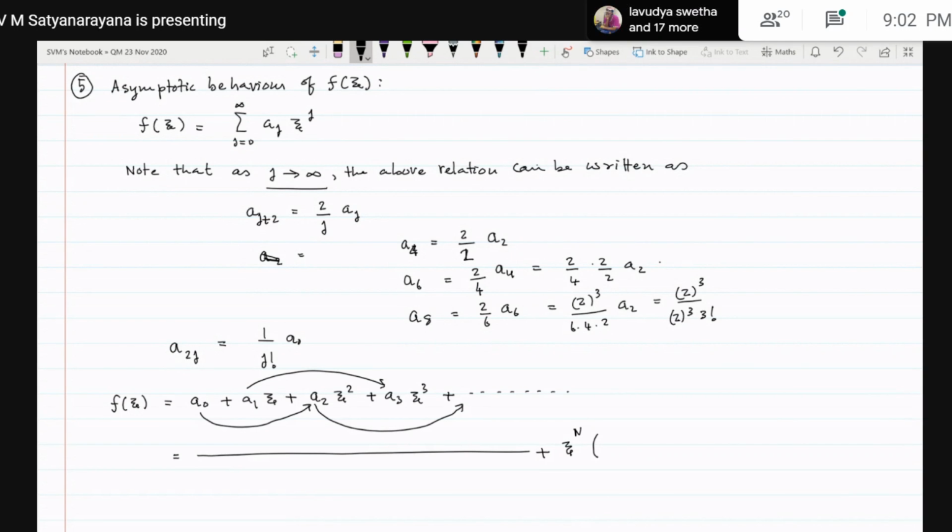If I pull that out, then I will have a_(n+1) xi, plus a_(n+2) xi square, etc. This will be an infinite series, correct? This line that I have drawn corresponds to the series before n, up to n. So n is very large.